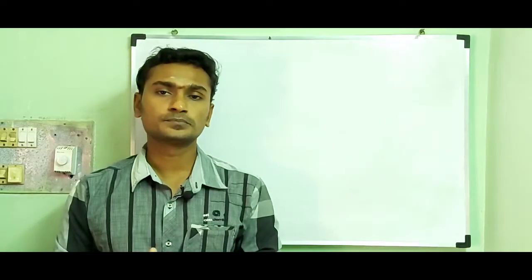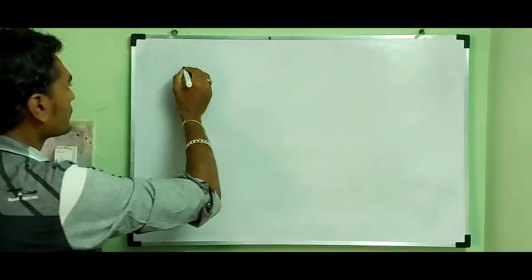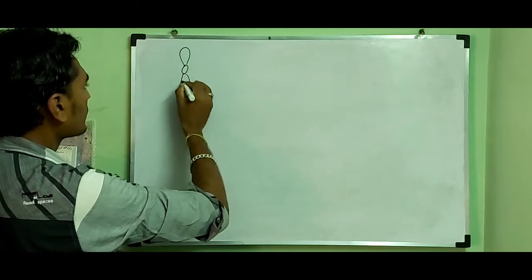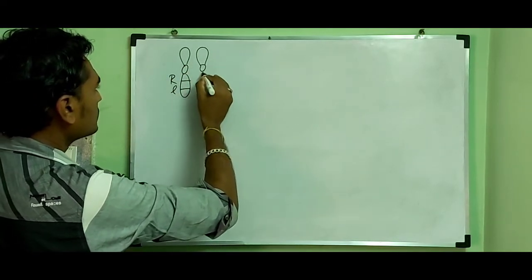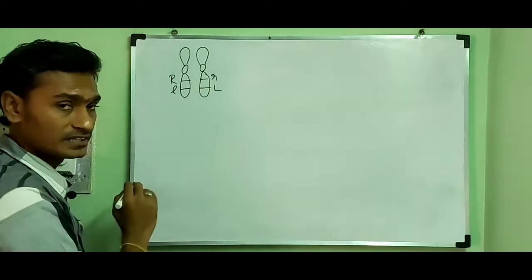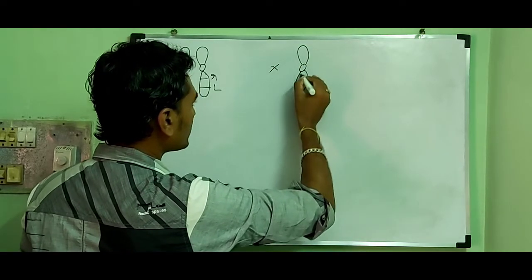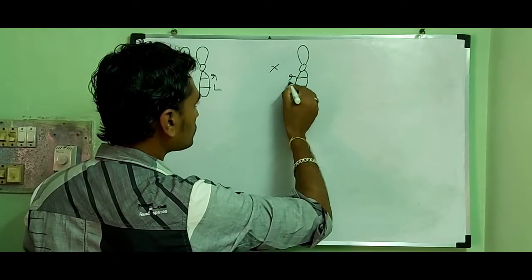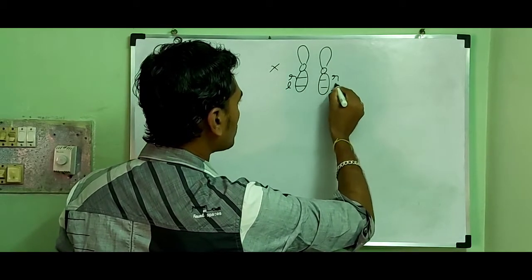The genotype of the heterozygous dominant parent is capital R, small l, small r, capital L, crossed with the double recessive parent with genotype small r, small l, small r, small l.